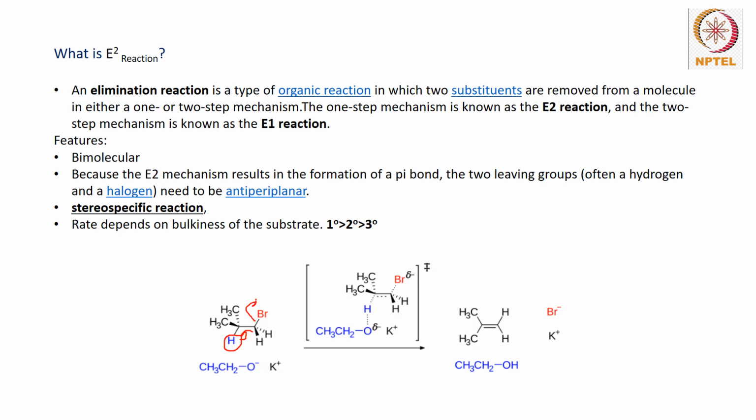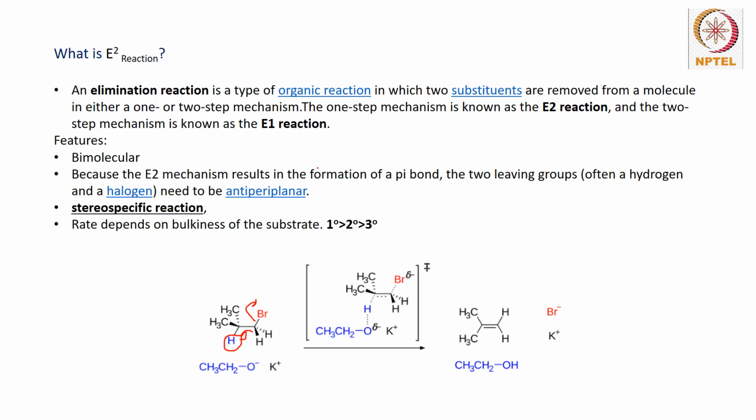So in substitution, there will be an incoming nucleophile which will attack the carbon center and substitute the leaving group. But in elimination, there will be no nucleophile, but there will be a base which will take up the proton adjacent to the leaving group, and after taking this proton, through the movement of electrons, the leaving group will leave the system.